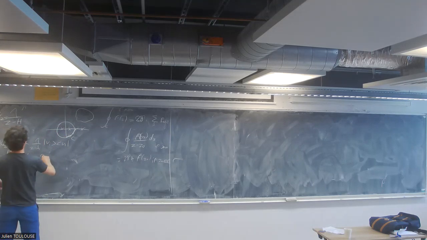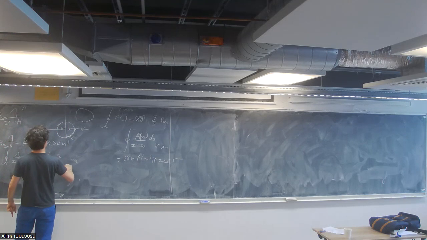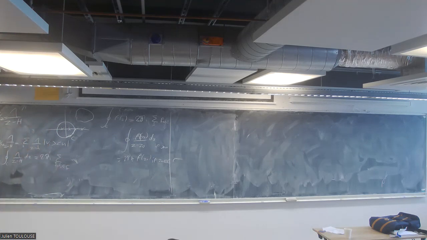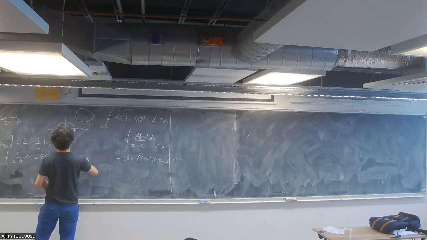So this is 2 pi i times the sum over j such that lambda j is in C. When I say is in C, I mean belongs to the interior of C, of Vj.